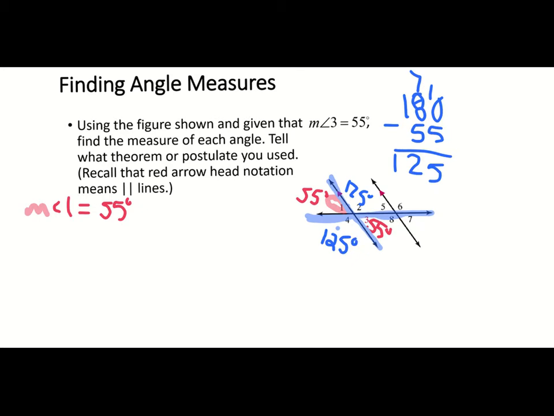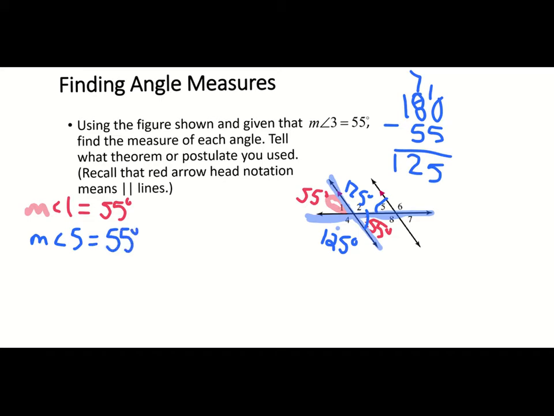Now we have to go to the other side and look at the other angles. This is where, knowing that we have parallel lines cut by a transversal, we also know that alternate interior angles are congruent. So 3 and 5 are a pair of alternate interior angles, which means that angle 5 is going to be 55 degrees.